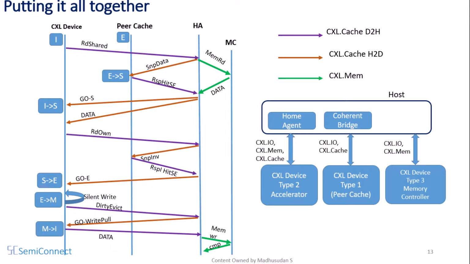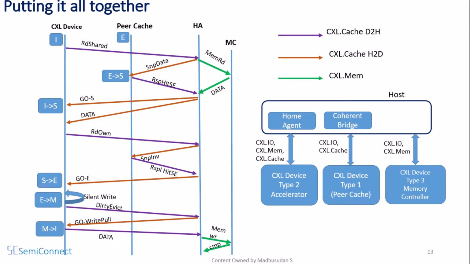Now the home agent has observed this and then sends the global observation with E, which means now the CXL device can actually go to the exclusive state. And because the data is already available, there is no data that is sent back to the CXL device.